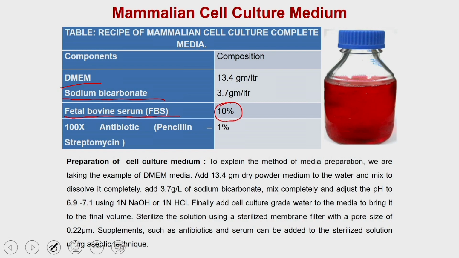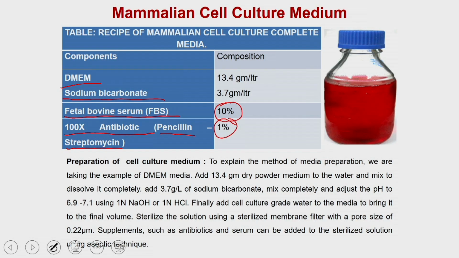And because mammalian cells are very prone to contamination, you also add antibiotics, a cocktail of penicillin and streptomycin sulfate, at 1%.